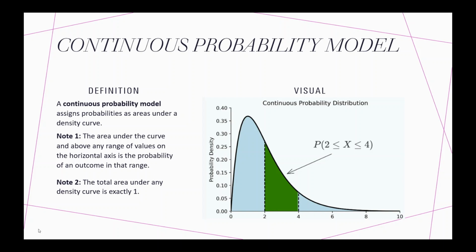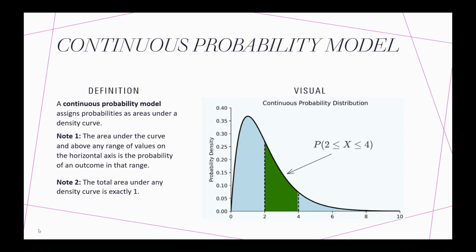Well, it ends up that there are tools on the calculator that can help us find these areas pretty easily. And that's how we're going to mostly work with continuous probability models. In fact, I would say working with the continuous ones is going to be easier because we're going to be using tools on the calculator to compute all of the probabilities that we're going to do with continuous probability. Okay. All right.